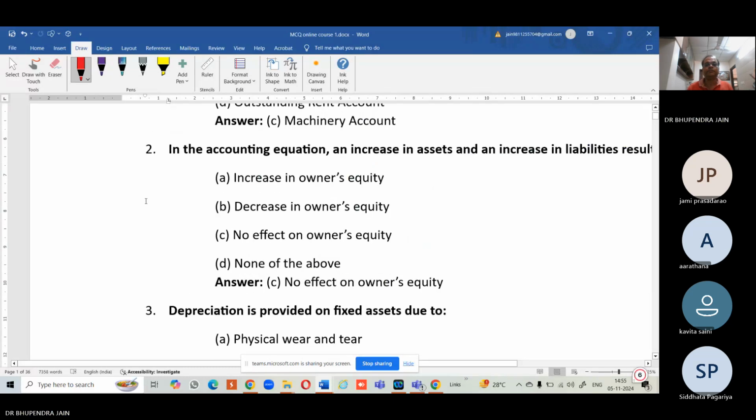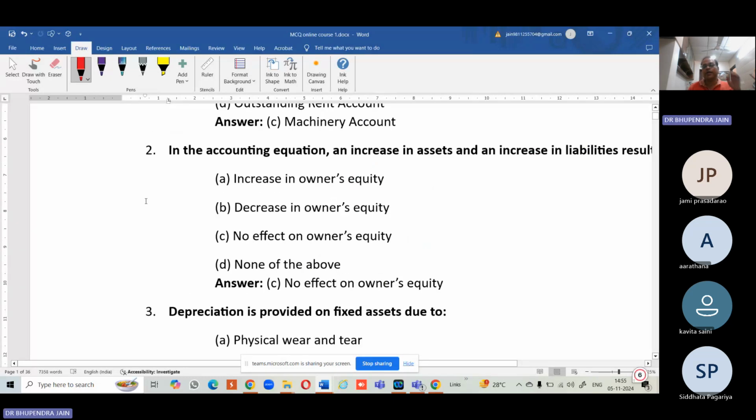Next. In the accounting equation, an increase in asset and decrease in liability with the same amount.